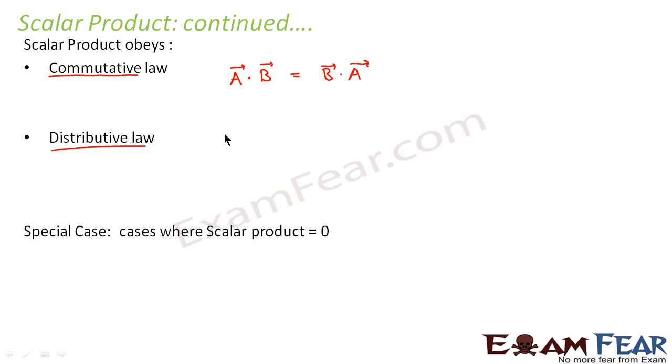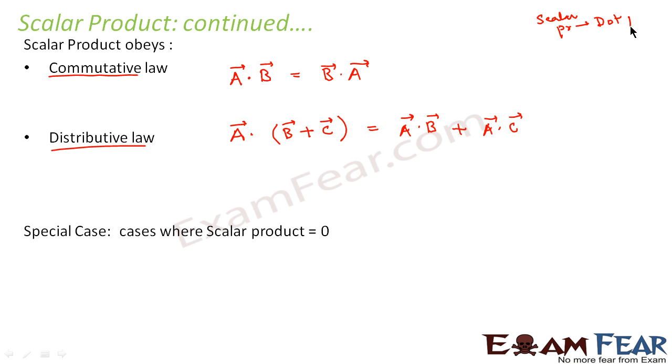The distributive law will again remain the same, just that these are vectors. That is A dot (B plus C) will be equal to A dot B plus A dot C. Friends, just to make a note, scalar product is also known as dot product, because of the dot which we use.